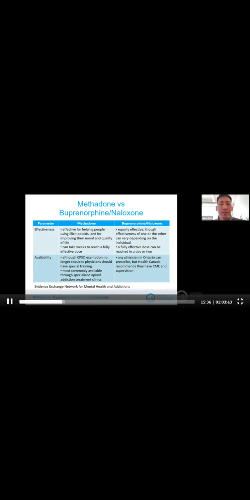So the next slides are just a chart comparing methadone versus buprenorphine naloxone. I won't go through it in great detail since I know this has been covered already. I'll just make a few points. When we're looking at the effectiveness of methadone and buprenorphine naloxone, I would say they're both considered the first line agents for opioid use disorder.